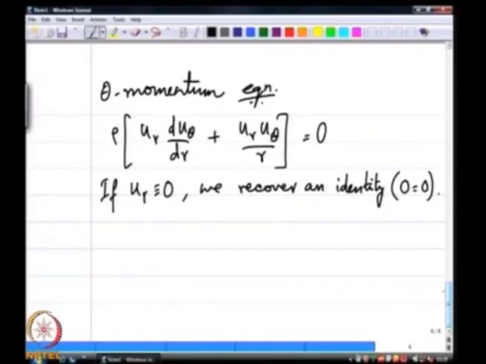Okay, so, whatever be the form of u theta over r, you will recover the pressure distribution associated with it, set up by that centrifugal action. That is essentially what that equation says.